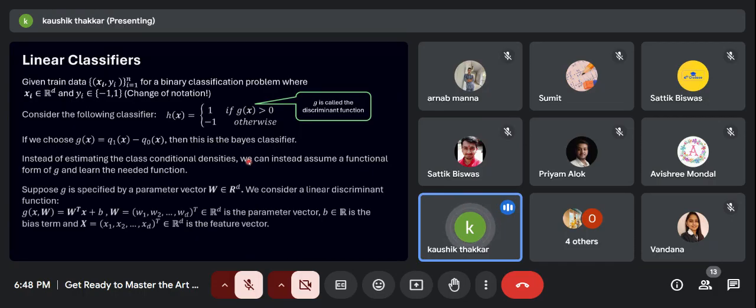Suppose G is specified by a parameter vector W, that is again a d-dimensional vector. The linear discriminant function we are assuming here, you can see it's nothing but W transpose X plus B, where W is the d-dimensional parameter vector, B is the bias term, and X is the feature vector.